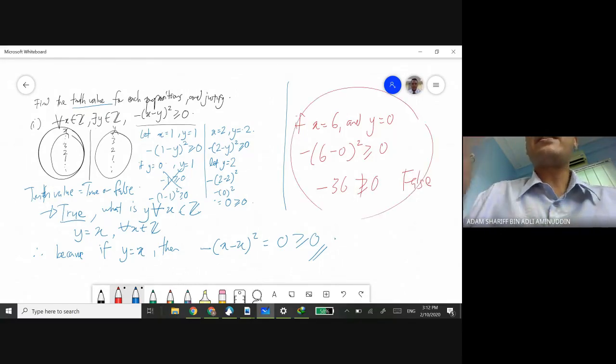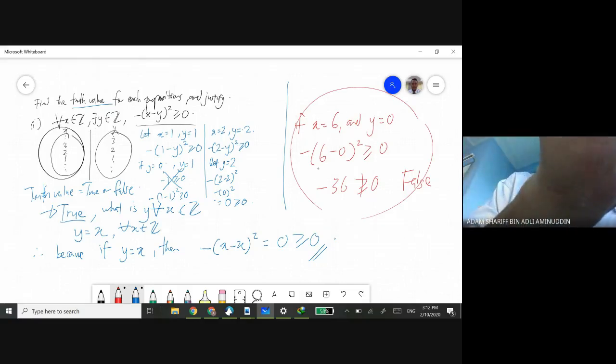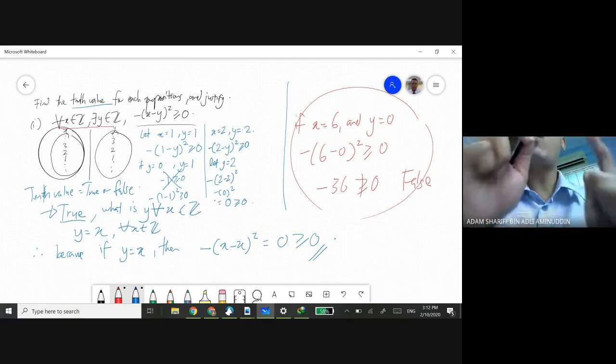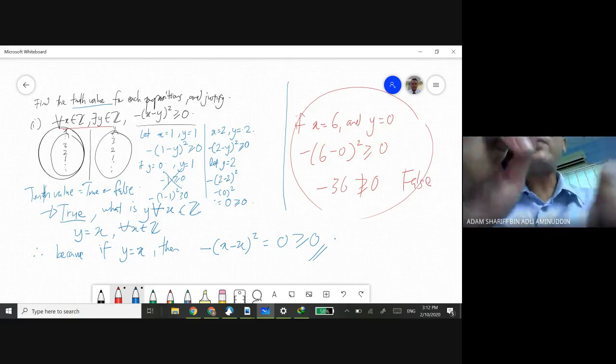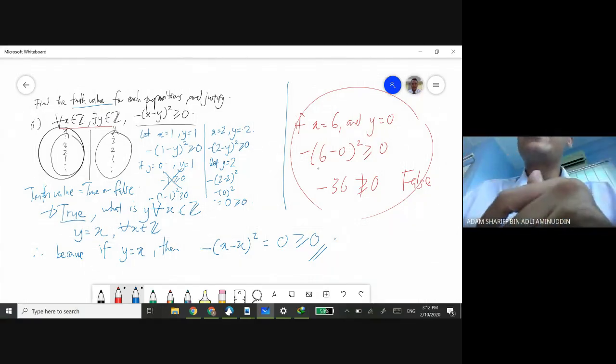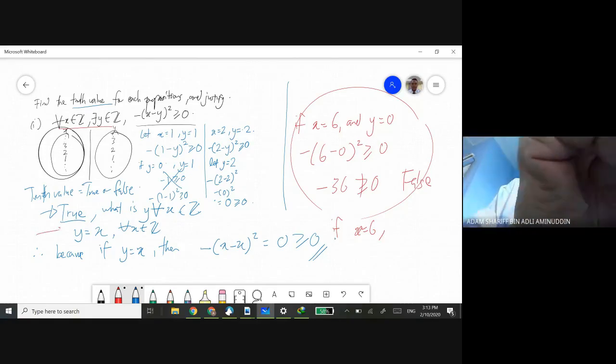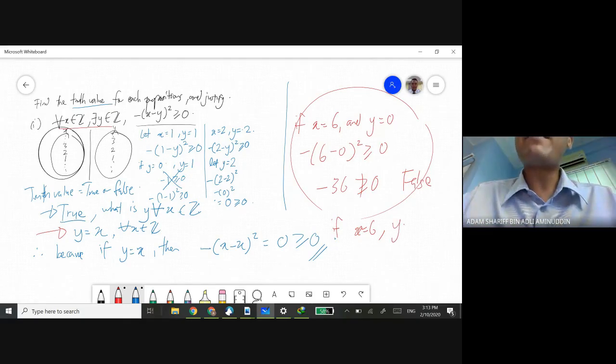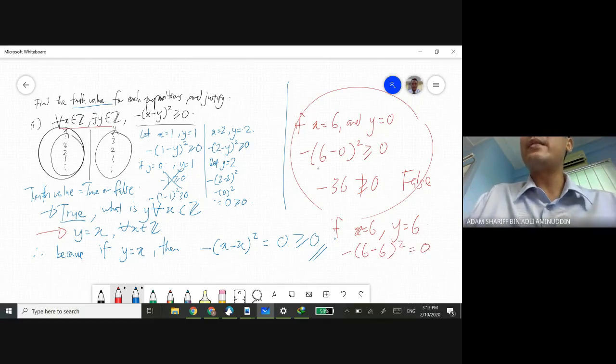But the question did not ask for this, it asked for every x, there will be y. And based on my reasoning, there will be y for 6. And this y must be 6. If x equals to 6, and my y must be equivalent to the x, my y must be 6. Then negative 6 minus 6 squared, of course, it will be 0 there, and 0 is larger than 0.